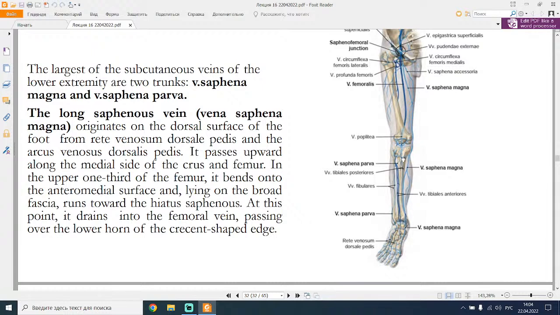In the upper 1/3 of the femur, it bends onto the anterior medial surface and, lying on the broad fascia, runs toward the hiatus saphenus. At this point, it drains into the femoral vein, passing over the lower horn of the crescent-shaped edge.